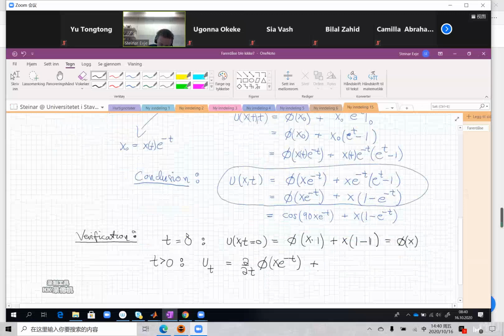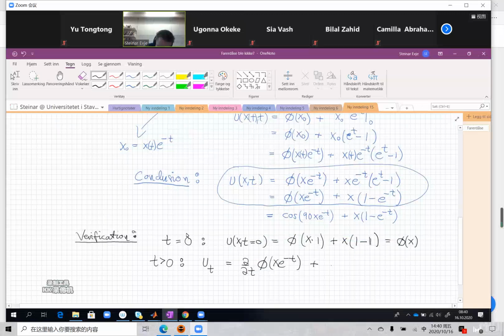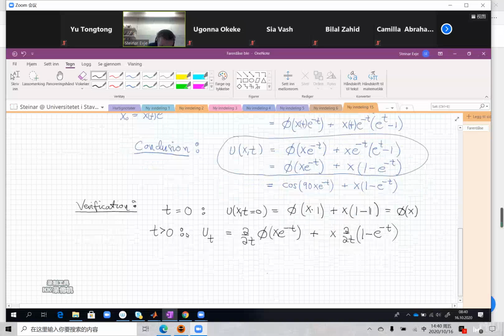So here, when we take the time derivative, x will go on the outside, and we have to take the time derivative of 1 minus e^(-t). Let's carry out this differentiation.